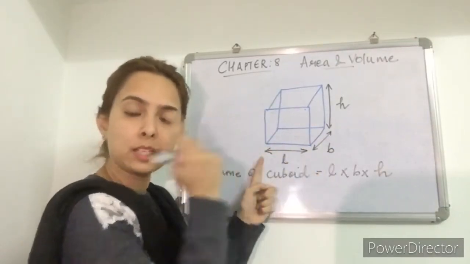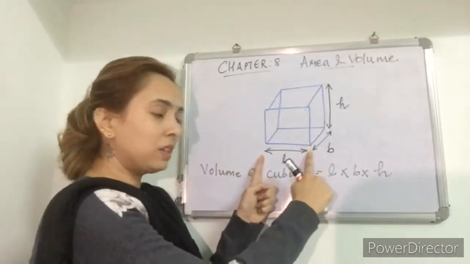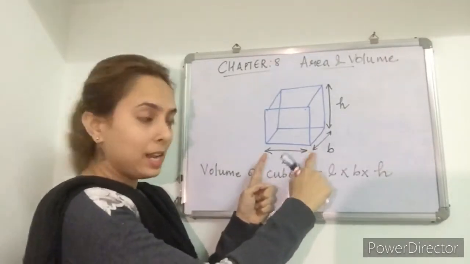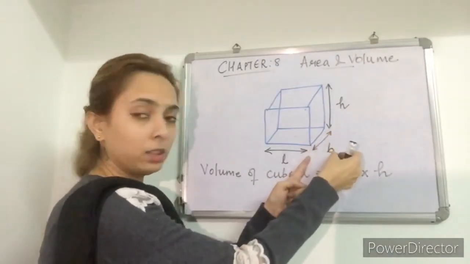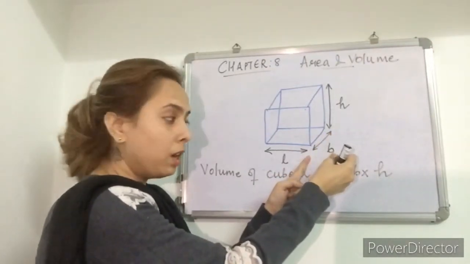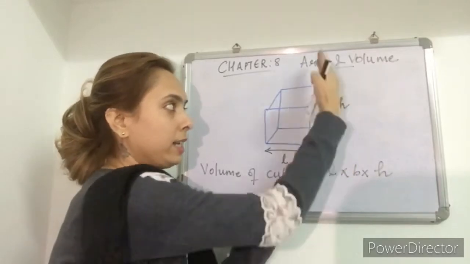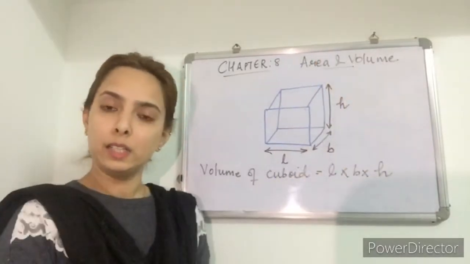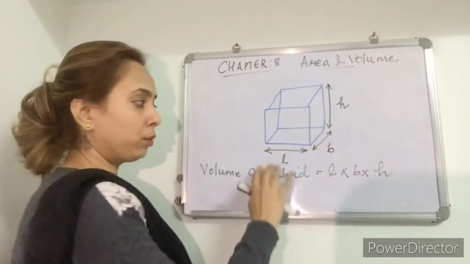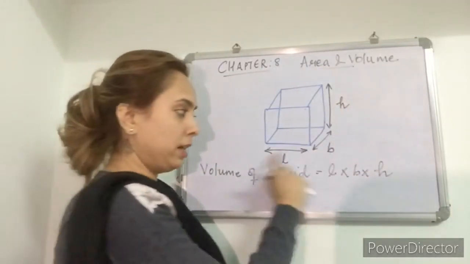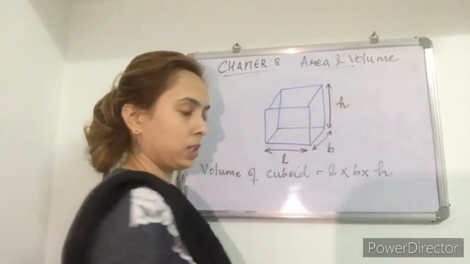Always make this concept clear. This will be our length, and the line which is going a little slant will be the breadth, and the height is the vertical line. So always and always remember, you have to use these three terms: length, breadth and height.